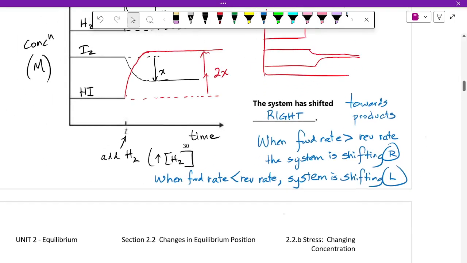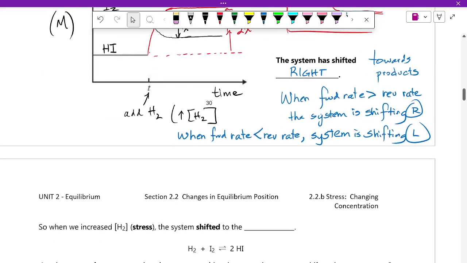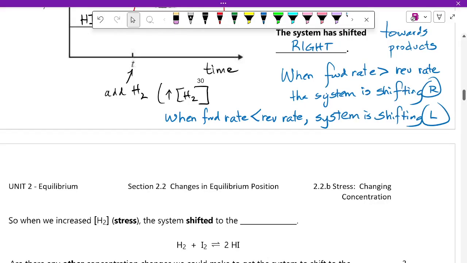So when the stress was an increase in H2, the system shifted to the right. And you can figure that out by doing all of this rate stuff, and being like, oh, the forward rate is faster than the reverse rate.